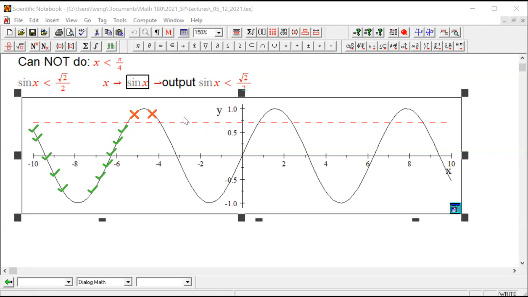That's above. This line is the level of root 2 over 2, and everything above is not what we want. Everything below is what we want. So these are the pieces that give you the output of less than root 2 over 2. You guys see that? Do you guys get it? And these pieces are out.